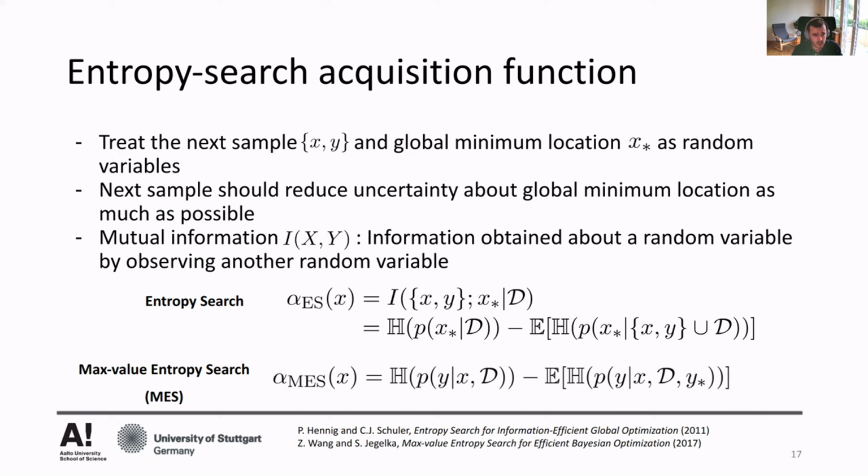I'm not going to speak too much in detail about this, but there are two ideas here. The first is that we make use of the fact that the mutual information is symmetric in its input arguments. The second is that people in the Bayesian optimization community have shown in heuristic experiments that we can use not the global minimum location X star, but the global minimum value Y star.